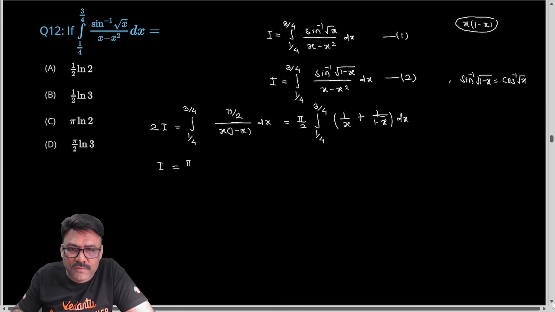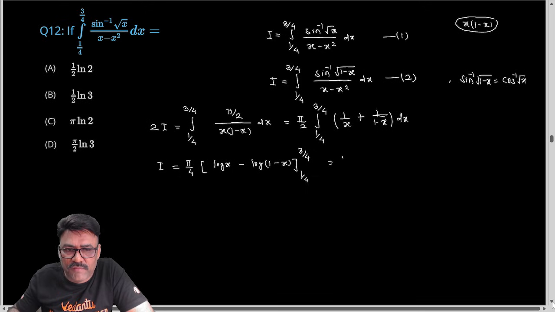Pi by 4. Let's integrate. So log x is the integration of 1 by x. The integration of 1 over 1 minus x is minus log 1 minus x, from 1 by 4 to 3 by 4. So this is pi by 4 log of x over 1 minus x, from 1 by 4 to 3 by 4.